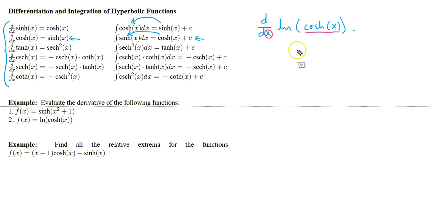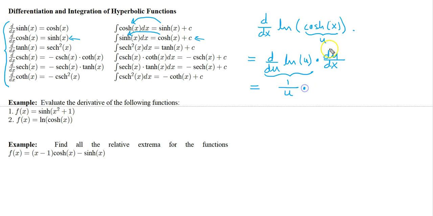So we're going to have to use the chain rule again. So we'll let this be our u, and this piece right here, of course, is 1 over u. And this is going to be, okay, what's the derivative of cosh? Let's just write this out.